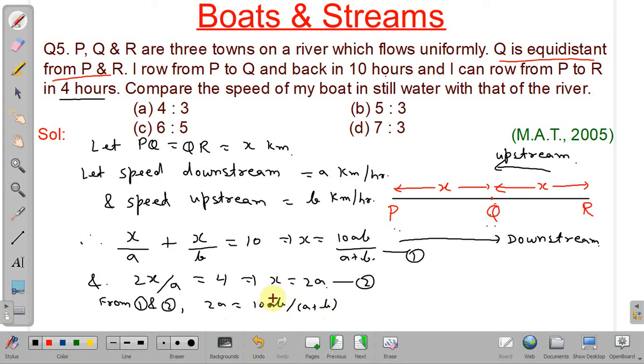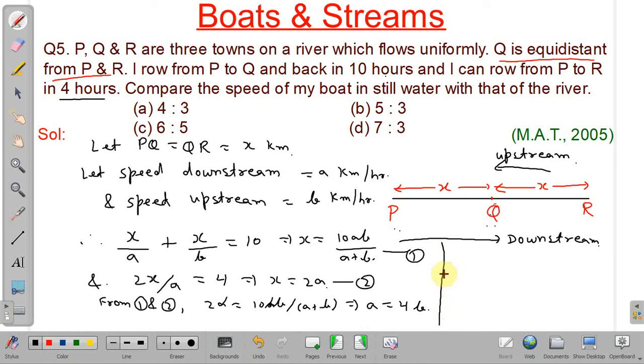Okay, now a will get cancelled on both sides as a cannot be 0 because it is downstream speed. So from this we can express a in terms of b, and we will get a equal to 4b.